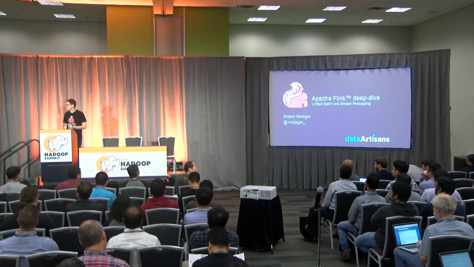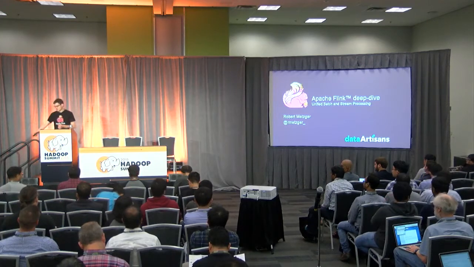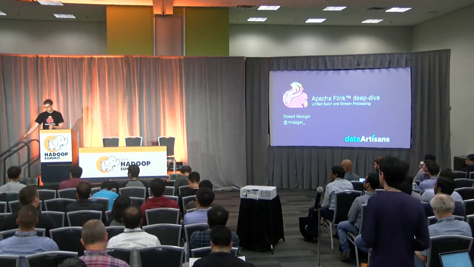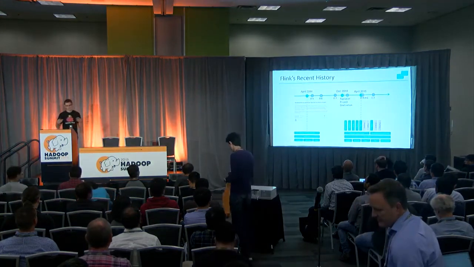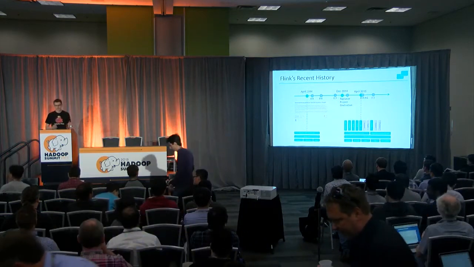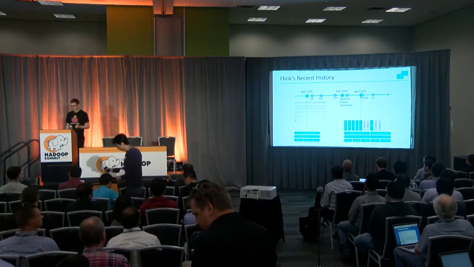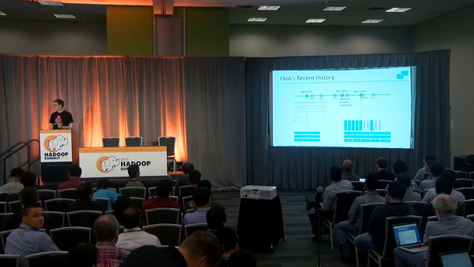Okay, before I explain what Apache Flink is, I would first like to take a look back into the recent history of the project. Not a long time ago, in April 2014, the project was accepted at the Apache Incubator.